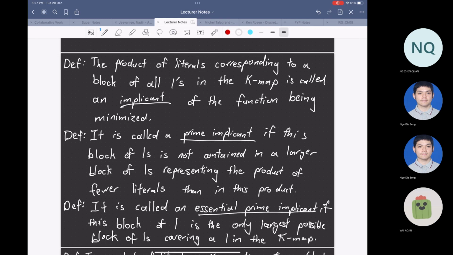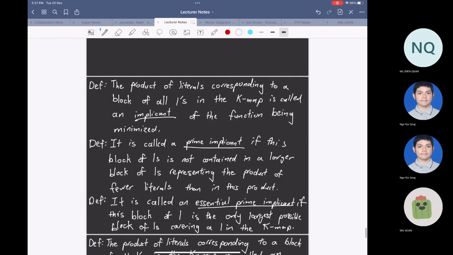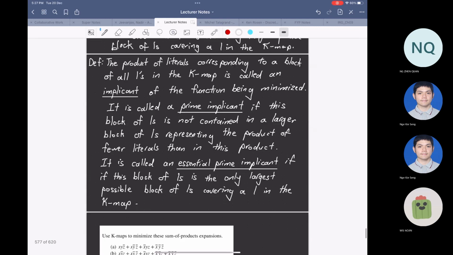Okay, so maybe I show you the example of this, the prime implicant and essential prime implicant.